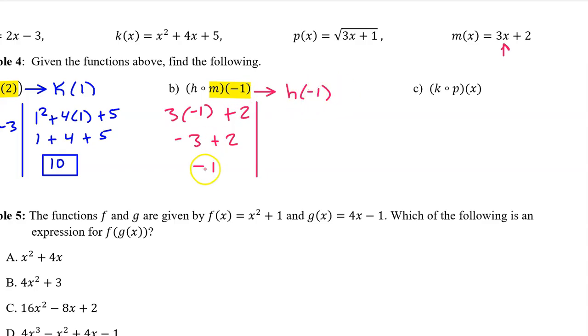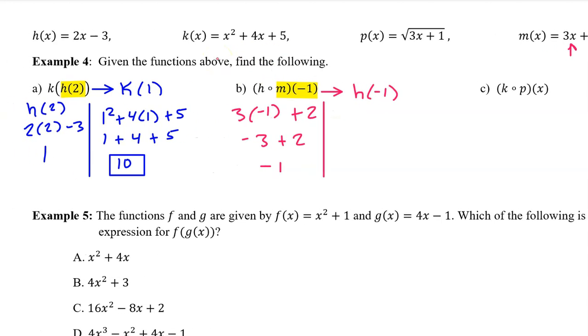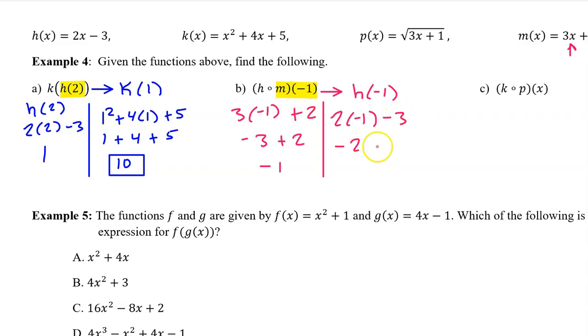It's a coincidence that this happens to be negative 1. Plugging negative 1 into function h, which is off camera, gives us 2 times negative 1 minus 3. That's negative 2 minus 3, which is negative 5.